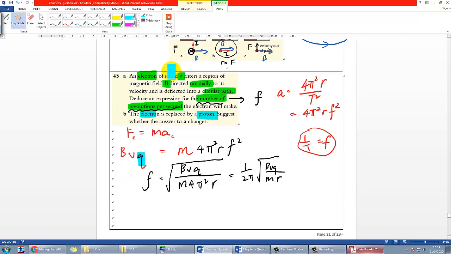And I assume the V is the same, B is the same. Mass, of course, will change. And radius may be changed in that case, and frequency may be changed.